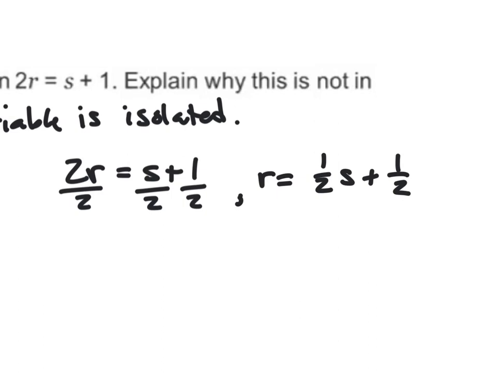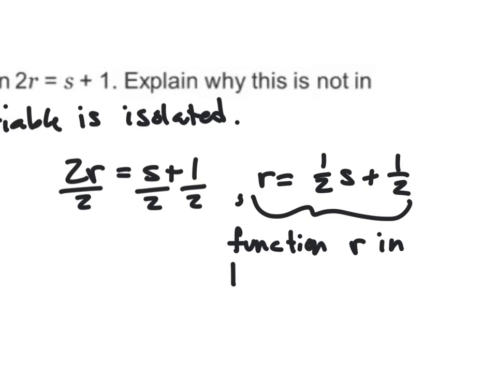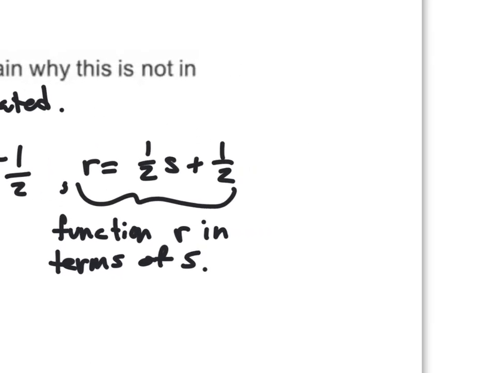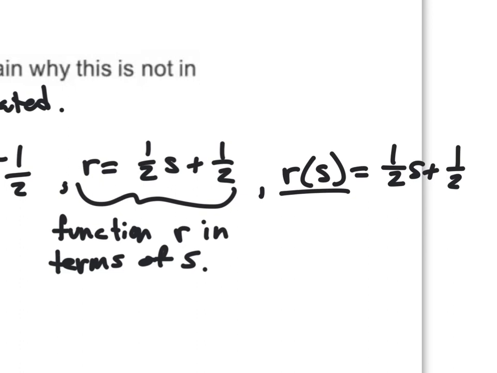So what we could say here is that this is a function r in terms of s. You could also say R of s is equal to 1/2 s plus 1/2. This is really in function notation, all right?